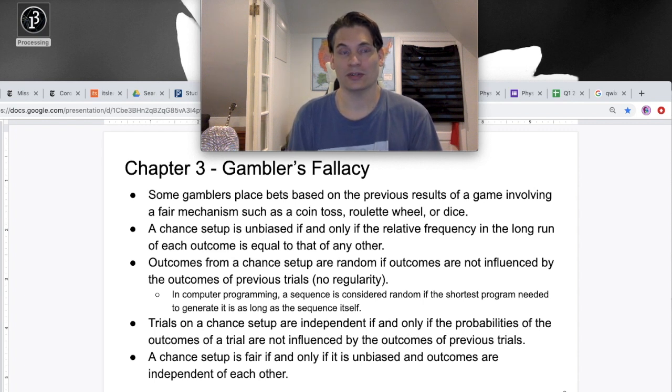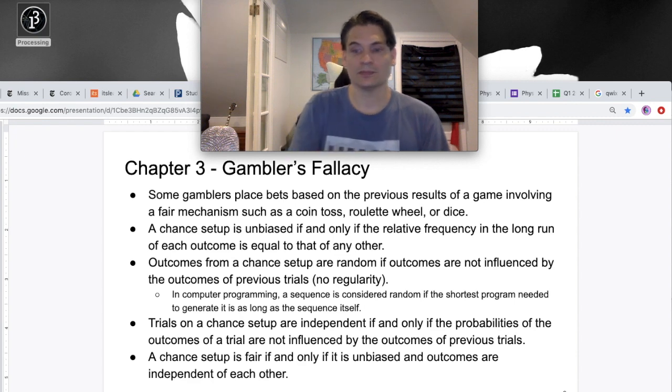There's nothing in nature that records how you rolled the dice in previous rolls that can influence future dice rolls. So each one is completely independent, and you can't really judge what's going to happen based on previous dice rolls, right?